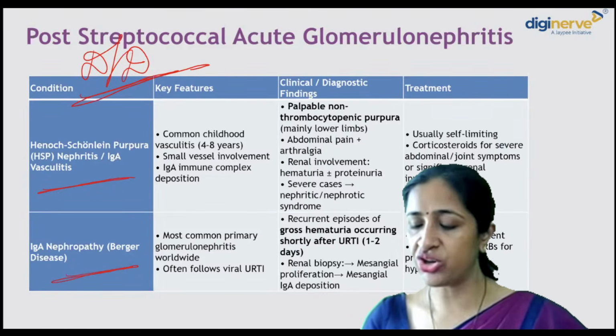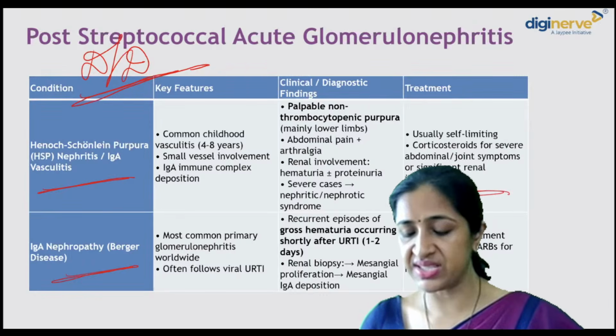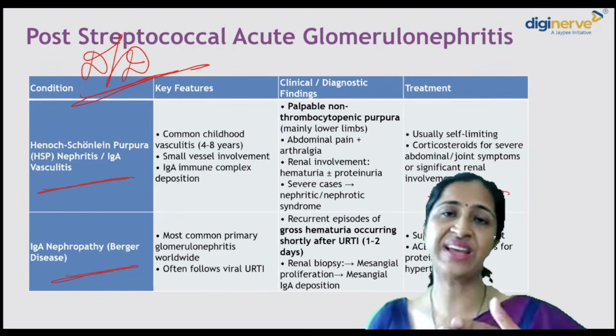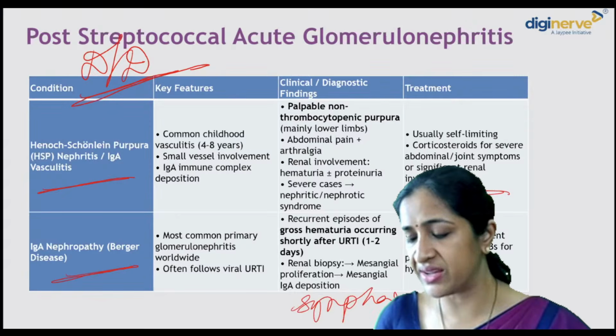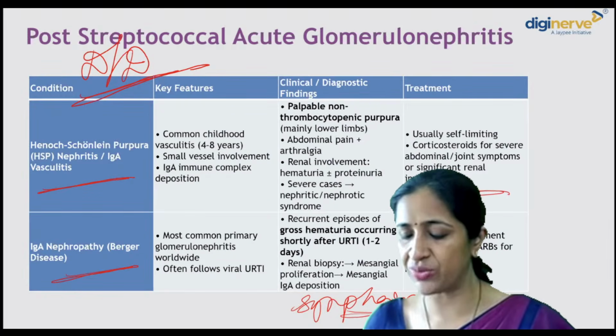Okay, corticosteroids is the treatment of choice. IgA nephropathy or Berger's disease is essentially a genetic condition where every time it is synpharyngitic. Every time there is a sore throat, they will have hematuria. Okay, renal biopsy will be there.